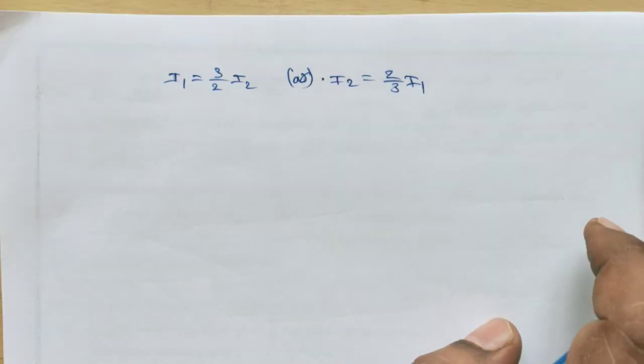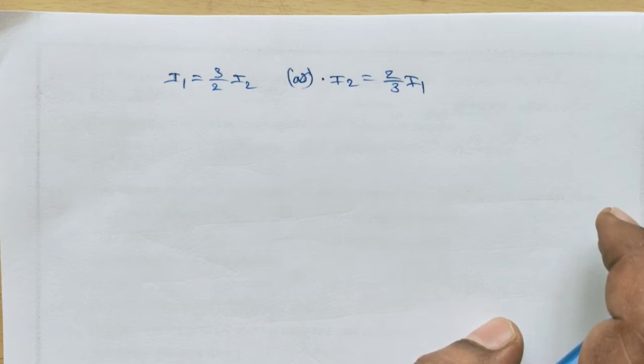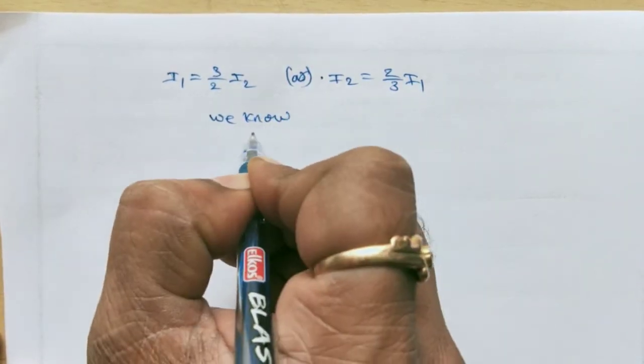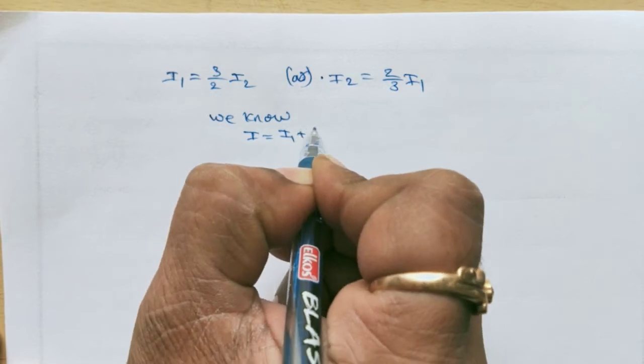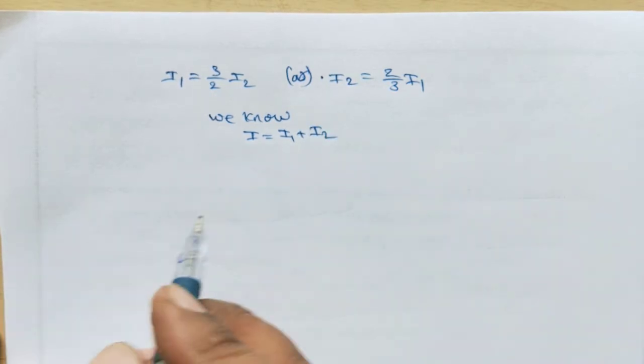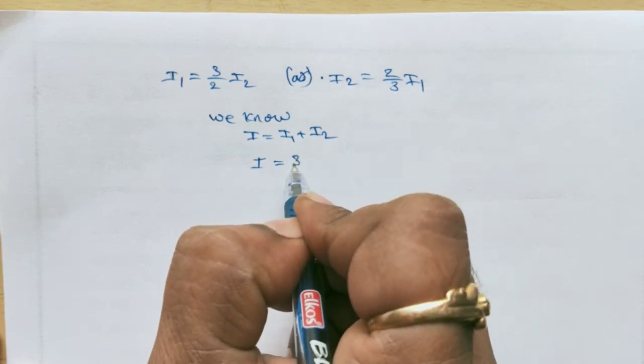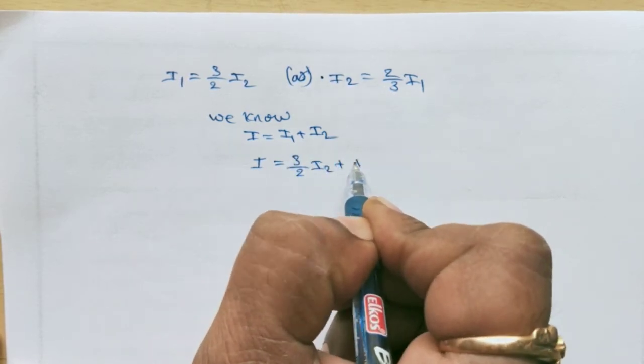See students, continuing: I1 is equal to 3 by 2 I2, or I2 is equal to 2 by 3 I1. We know clearly I is equal to I1 plus I2. So I am writing I is equal to, instead of I1, 3 by 2 I2 plus I2.